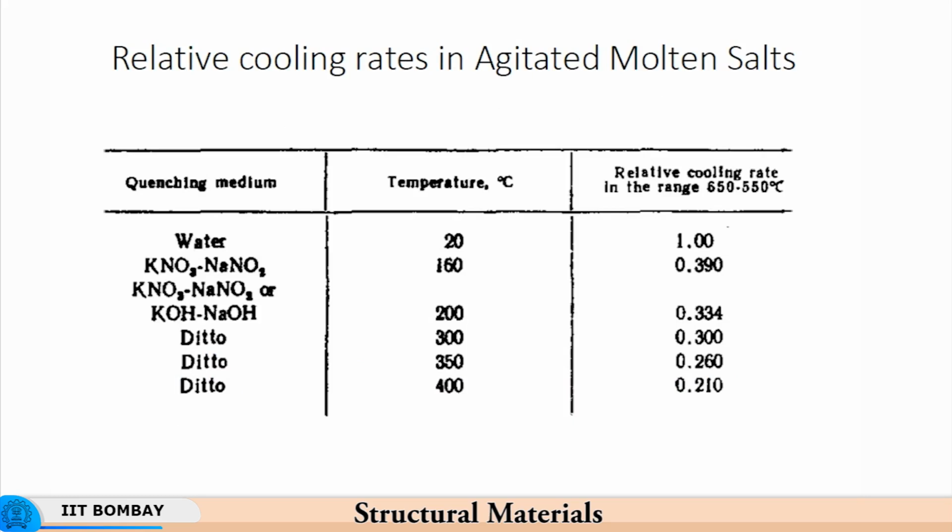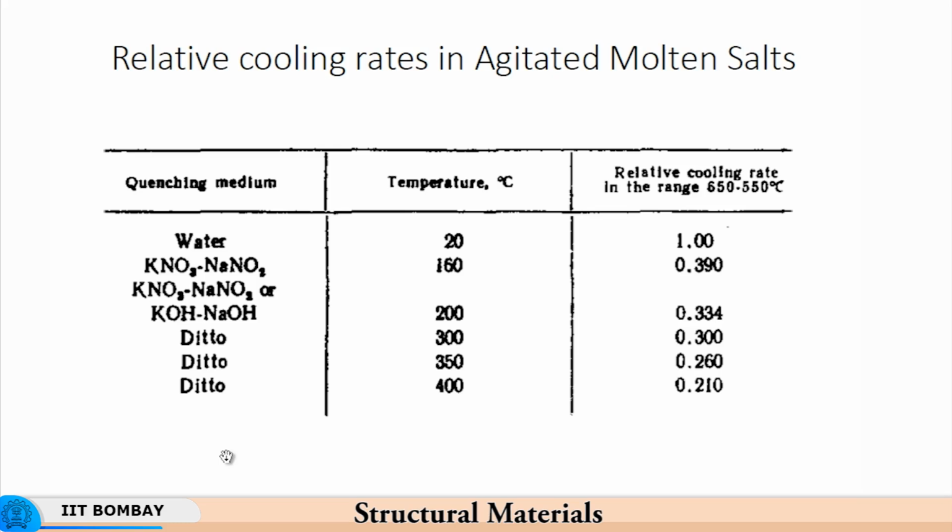Now, let us see the pros and cons, or relative cooling rates, of different salt combinations. Different salt combinations give a much gentler cooling rate as compared to water. Water being equal to 1, this mixture of sodium nitrate and potassium nitrate gives you just 39% of the relative cooling rate.